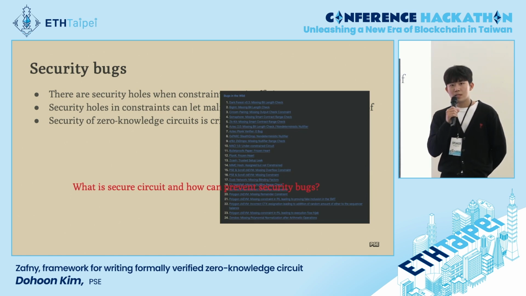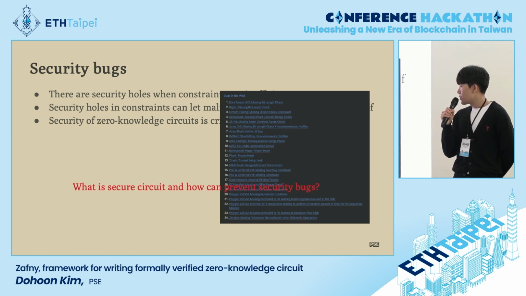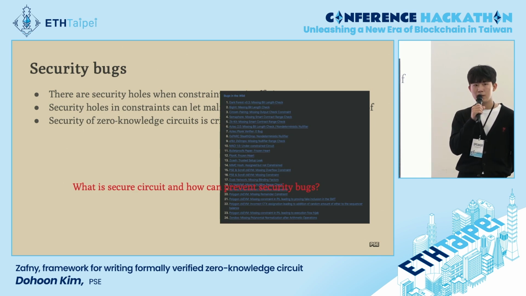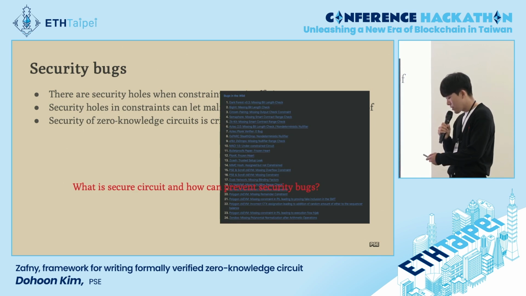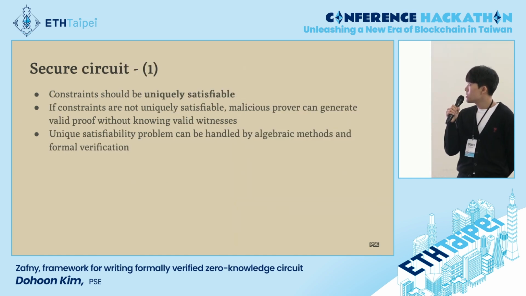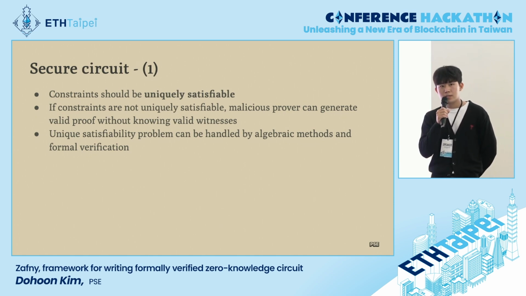So we can ask the question, what is a secure circuit and how can we prevent these kinds of security bugs? Let me start by defining what a secure circuit is. First, in a secure circuit, constraints should be uniquely satisfiable.